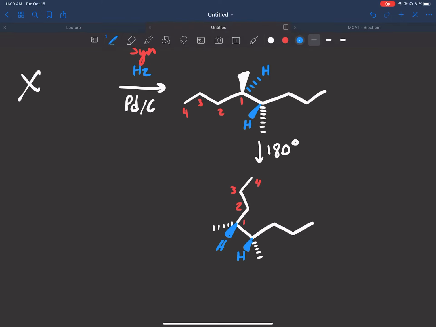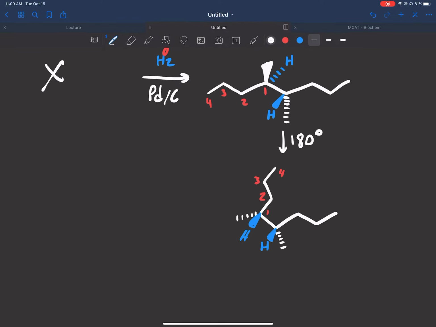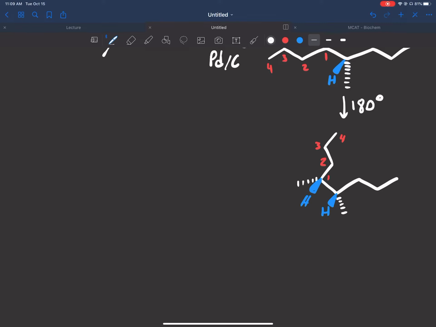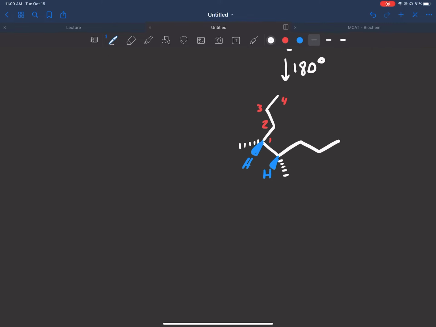And so what we can now do is we know exactly where the original double bond was. Right. It's just going to be between that carbon, and now we can draw it. And so the original structure looked like this. All right, that's the original structure.